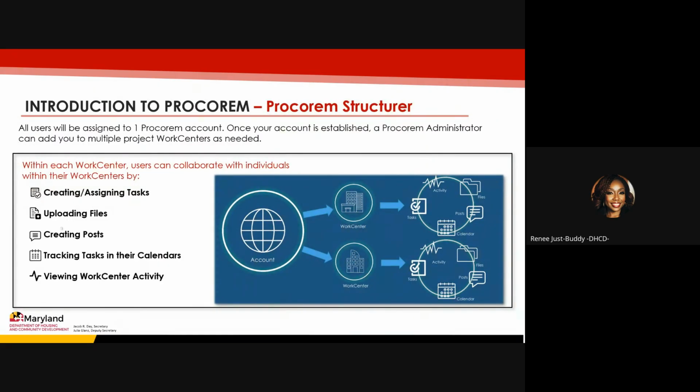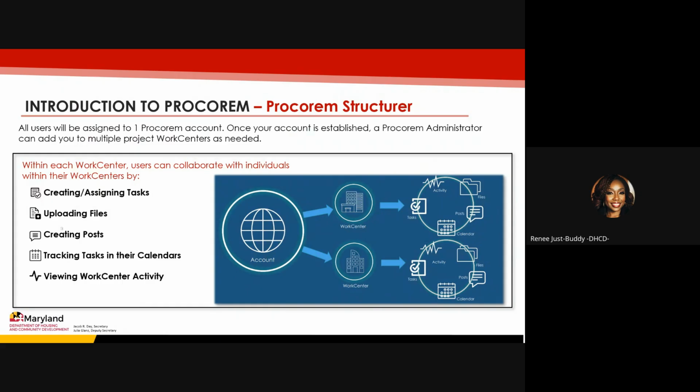All users will be assigned one Procorum account. Your account is established by a Procorum administrator who will be able to add you to project work centers. In this diagram, you can see that the account level is where your access lies. And from there, you can be assigned to multiple work centers when applicable.